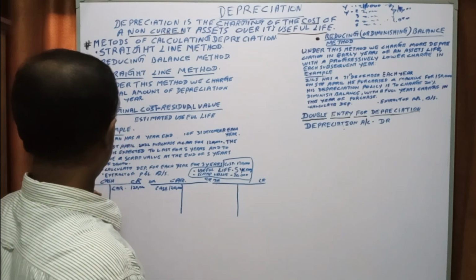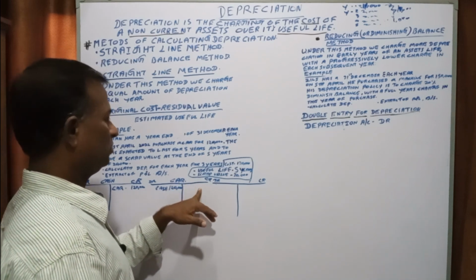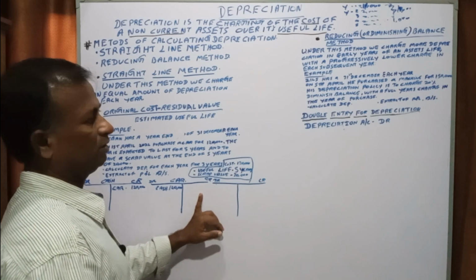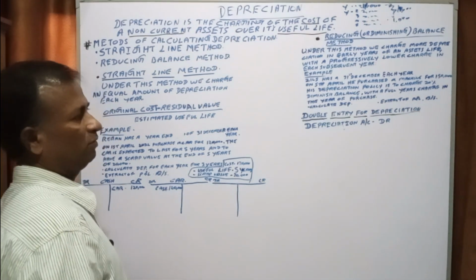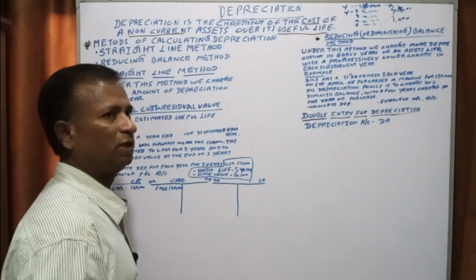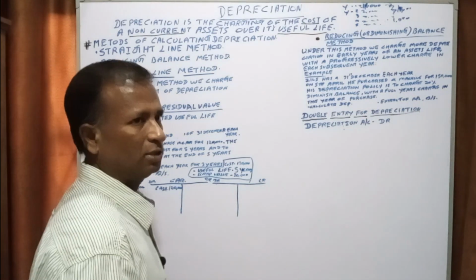Straight away, some people used to charge it directly to the car account. Okay, that is not the correct way. We have to create a provision for depreciation because this is not an actual expenditure.